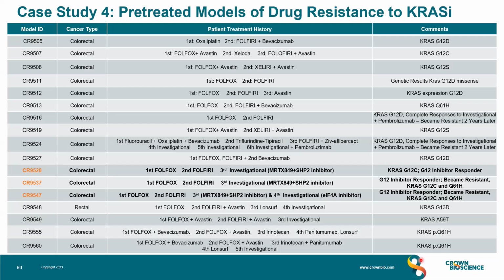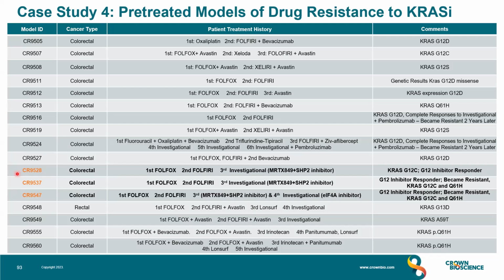Now, in this particular patient that's just highlighted, these are 3 models that are derived from the same patient. So this was a Caucasian female who had metastatic adenocarcinoma with a G12C mutation. Initially, there was very good response to Krazati, which was given as an investigational treatment in combination with a SHP2 inhibitor. So a sample was created as a PDX.